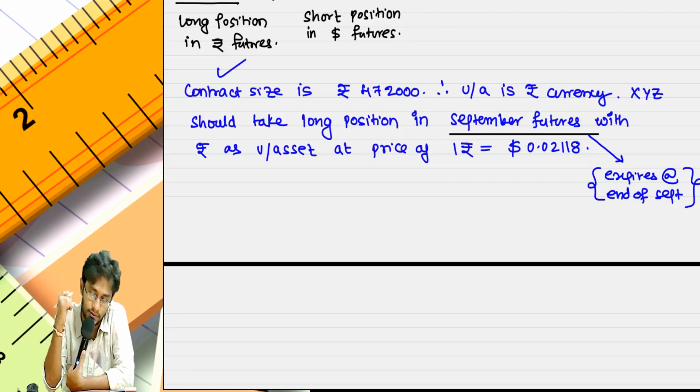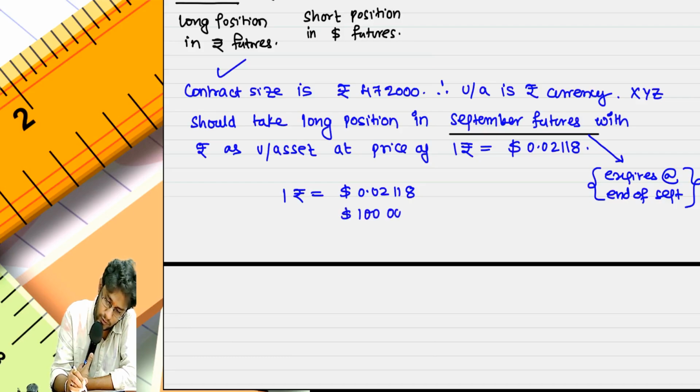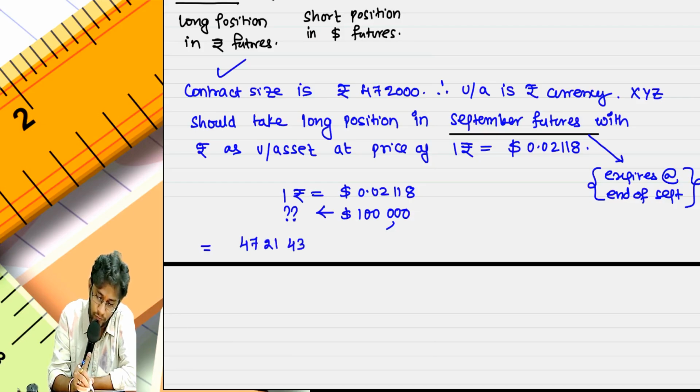Futures price, right now. Next line: 1 rupee is equal to $0.02118. $1 lakh is equal to 47,21,435.